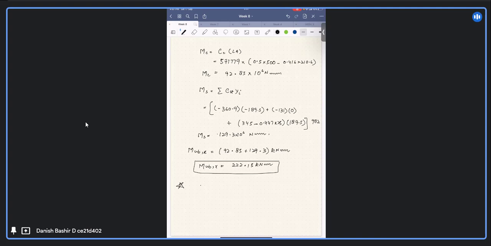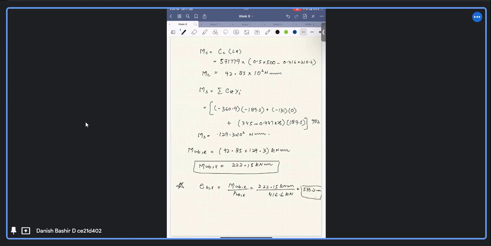So our eccentricity EB along x direction, it's only uniaxial eccentricity. It is moment MUBX divided by the axial load PUB, Newton meter divided by 416.6 kilonewton. Everything is confirmed, so I will get 533.